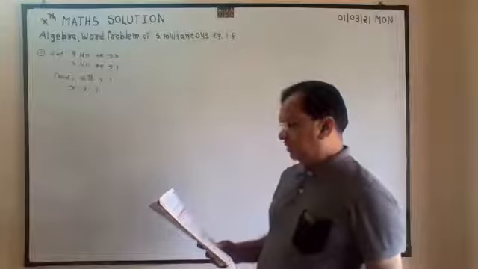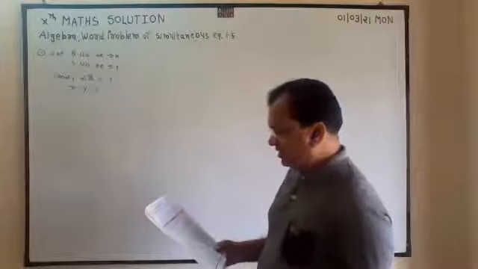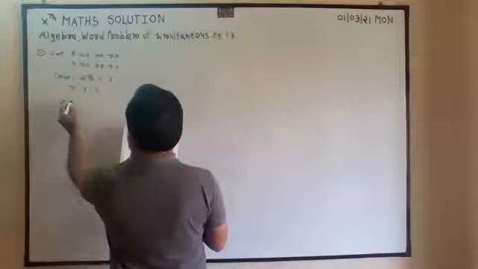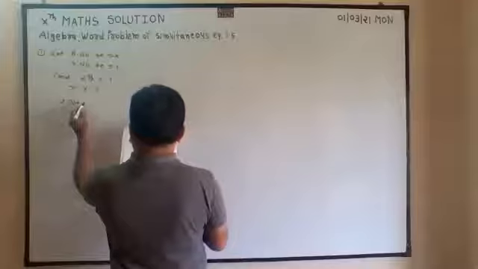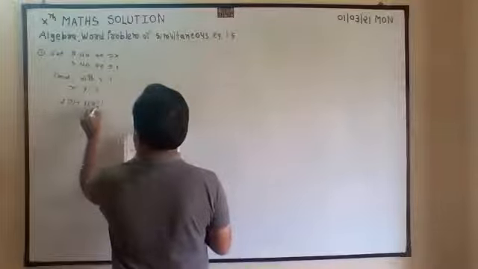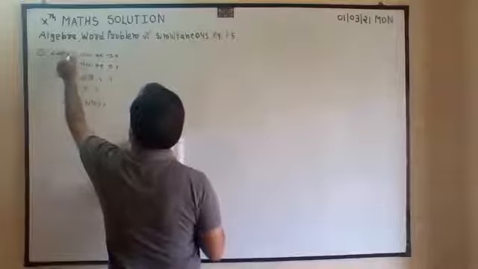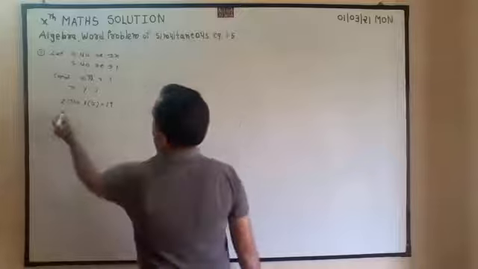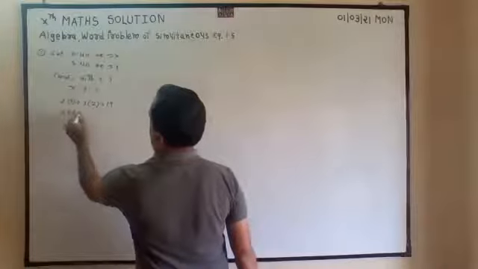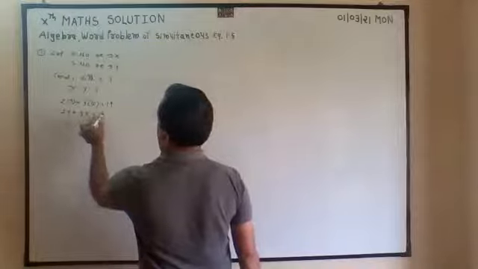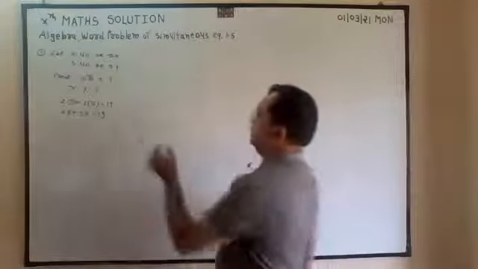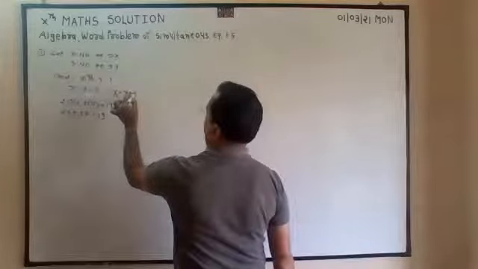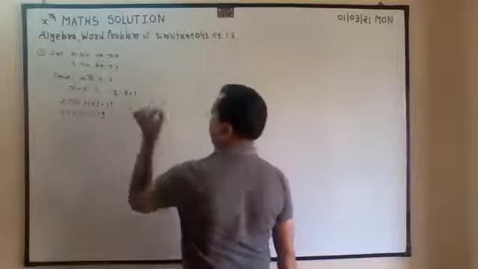Condition 2: the sum of twice the smaller number and thrice the greater number is 90. Twice the smaller number plus thrice the greater number is 90. The smaller number is y, so 2y plus 3x is equal to 90. From condition 1, x is equal to y plus 3, since y comes to this side, so plus.